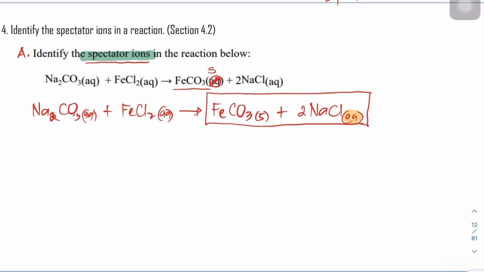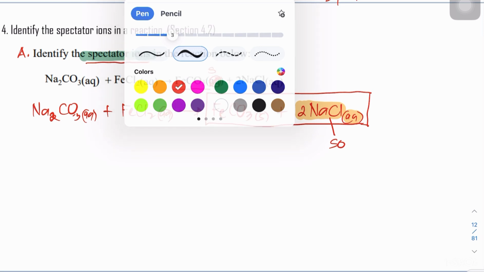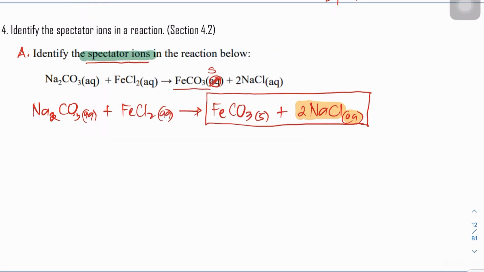The aqueous one here is the NaCl. Take note of that. This aqueous substance is the source of our spectator ions. That is the main source of our spectator ions.